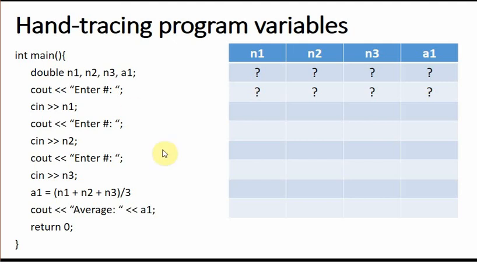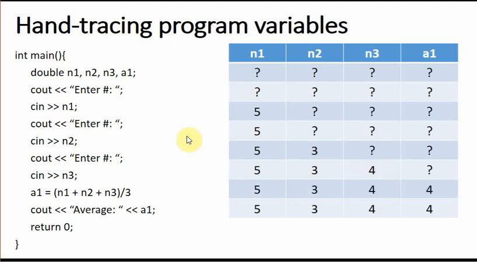So say for example, we go ahead and we input 5 for N1. So I'll go ahead and log the value for N1, which is 5. And then we still don't have values for N2, N3, or A1 yet, until we prompt and get the value for N2 here. So in doing so, N2 has a value of 3. And then we prompt and get a value for N3, which is 4.